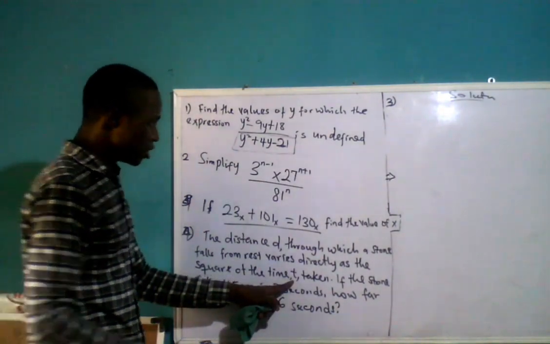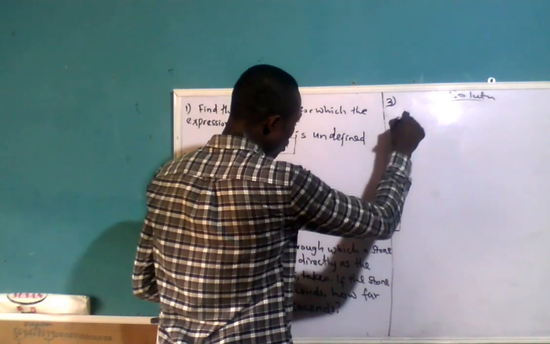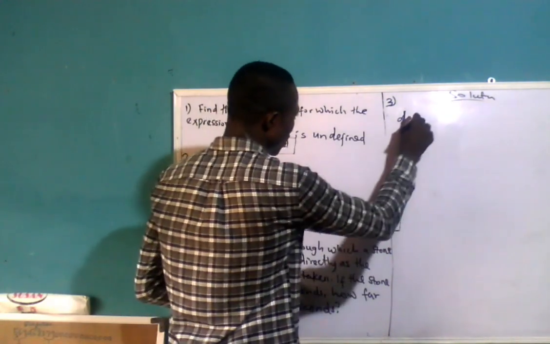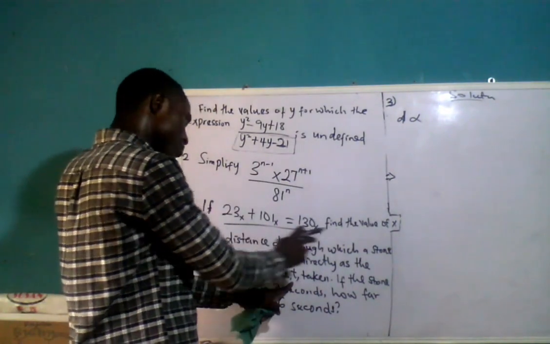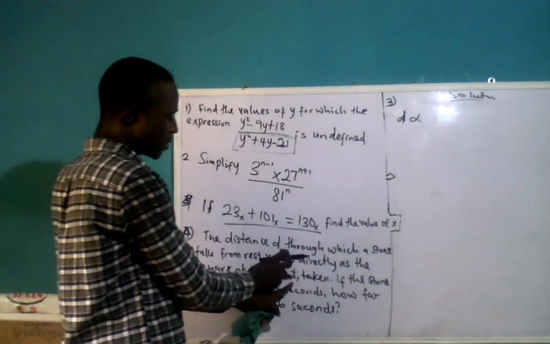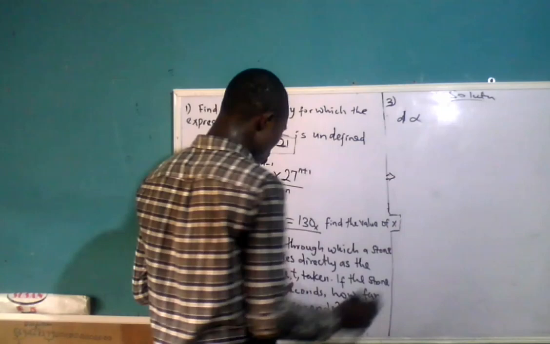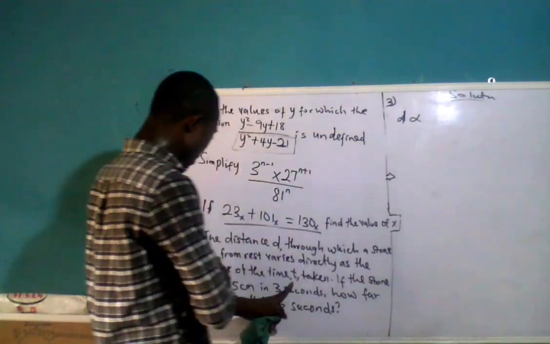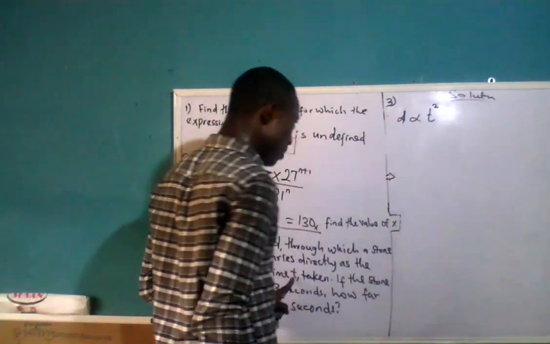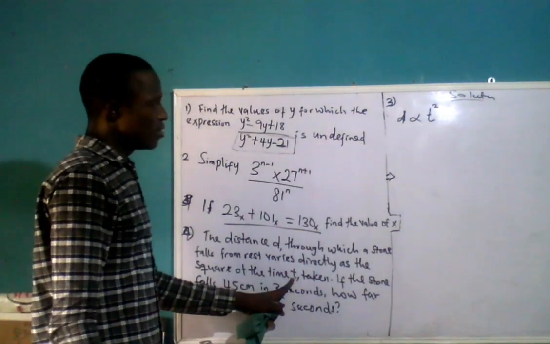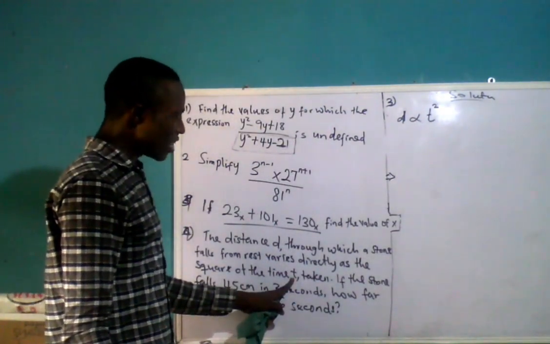The distance is represented by d, and it varies directly, so direct variation, as the square of the time t. Time is represented by t, and you have d varying directly as the square of t.